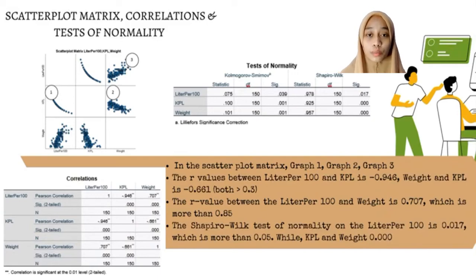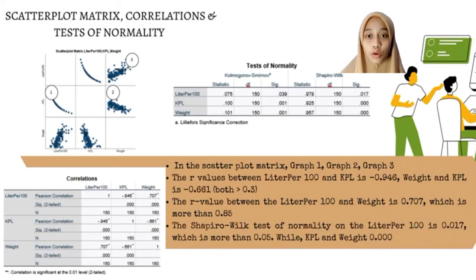The value between liter per hundred and weight is 0.707, which is more than 0.85. Perhaps there is a problem with multicollinearity.